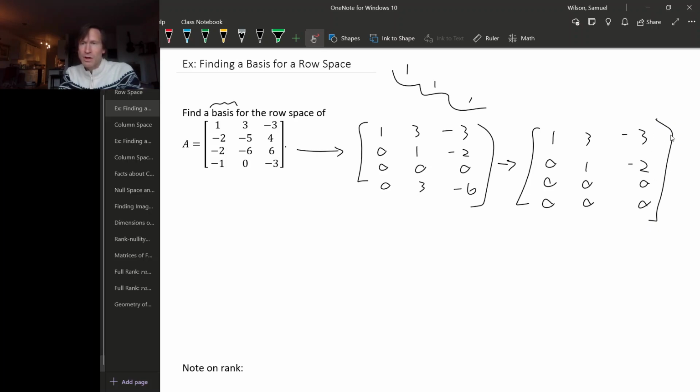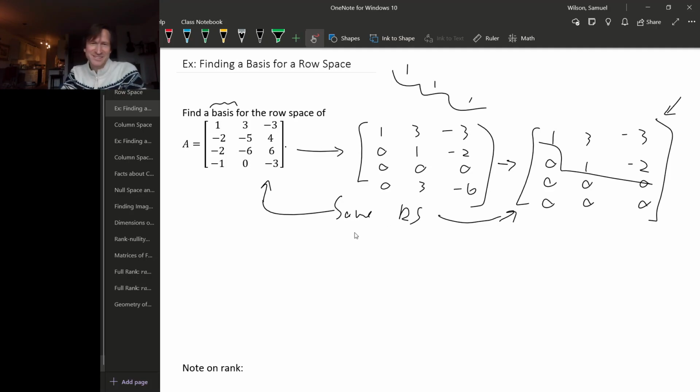Well, because we were doing row operations, the row space of the first and the last matrix here are the same. But the rows of this last matrix are obviously linearly independent because of that staircase pattern in the ones. So that means that we can write a basis for the row space.